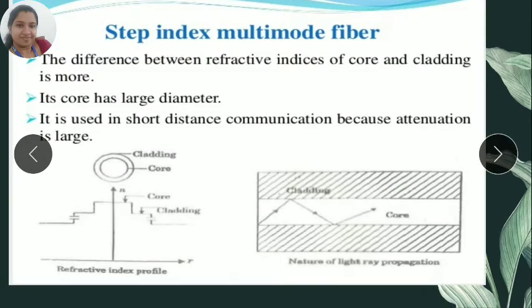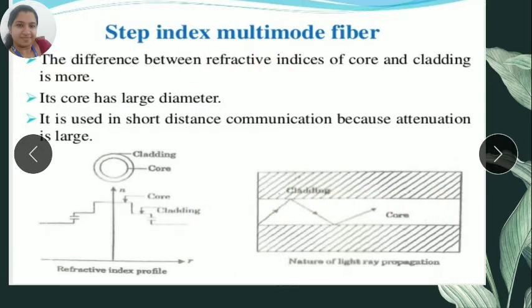Then we go to step index multi mode fiber. The only difference between step index single mode and multi mode is that a large number of light waves can be propagated at a time. So here the difference between refractive index of core and cladding is small, because a large number of light waves are propagated at a time.